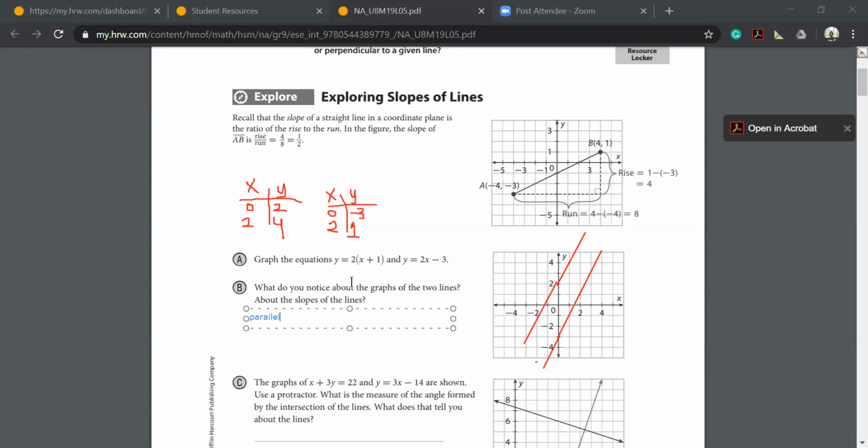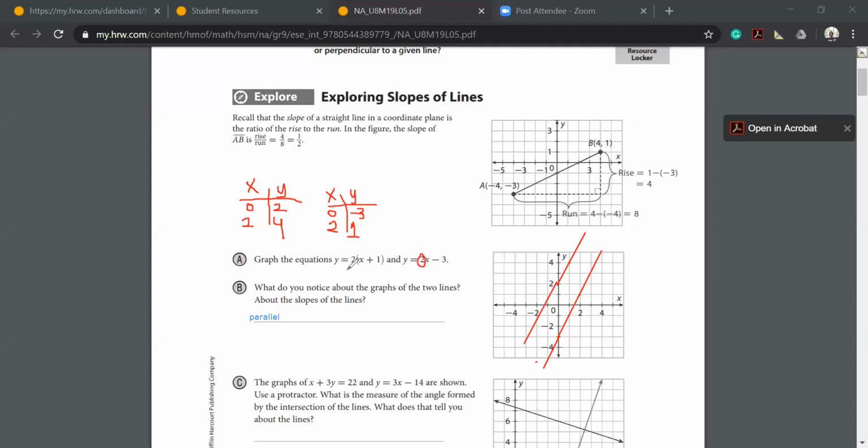What about the slopes of the lines? If you try to find the slopes from here, girls, what is the slope in here? You remember y equal to mx plus b, right? What is m in here? m is 2. What about in here?